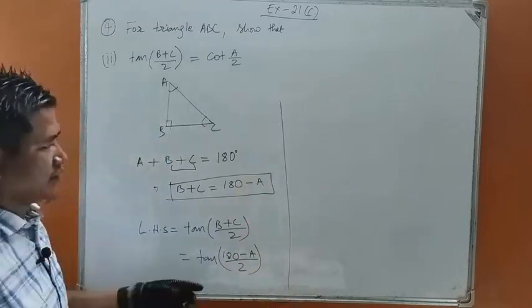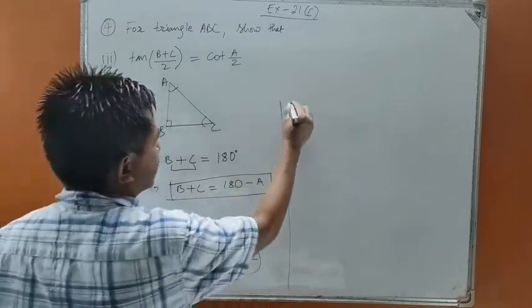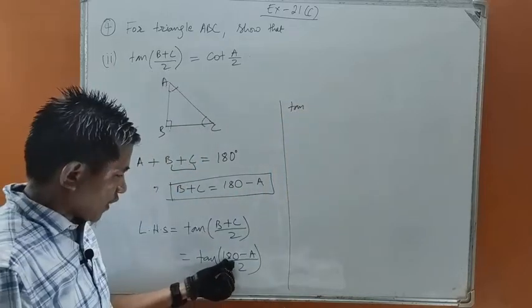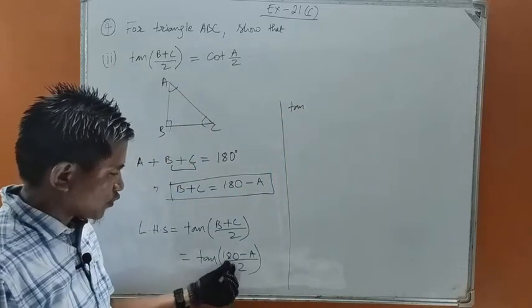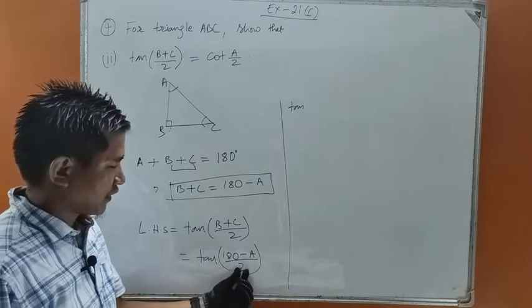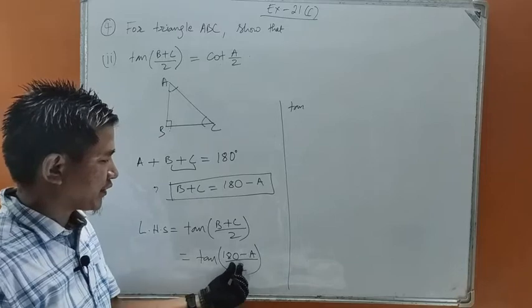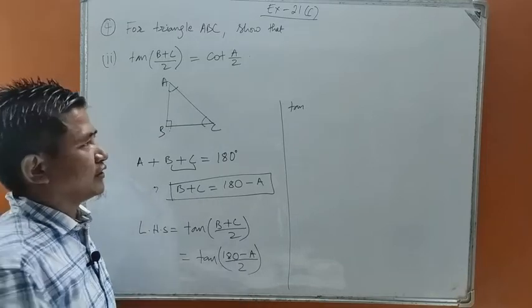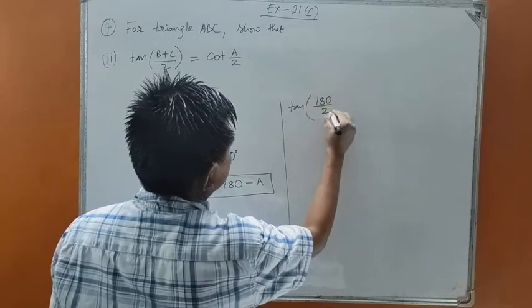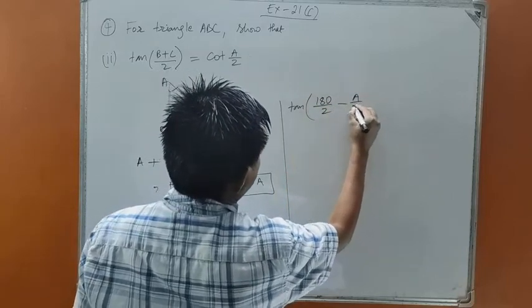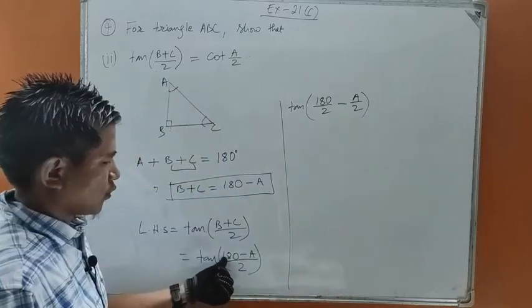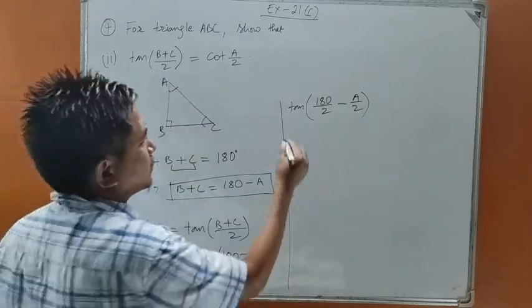So tan, now 180 minus A can be written as 180 upon 2 minus A upon 2, isn't it? You can divide this numerator by 2 individually, okay? So this can be written as 180 upon 2 minus A by 2. 2 when taken LCM gives us this number, 180 minus A upon 2, isn't it?